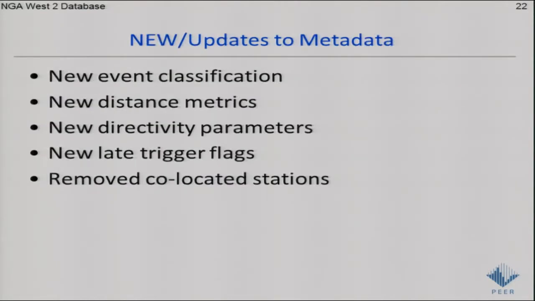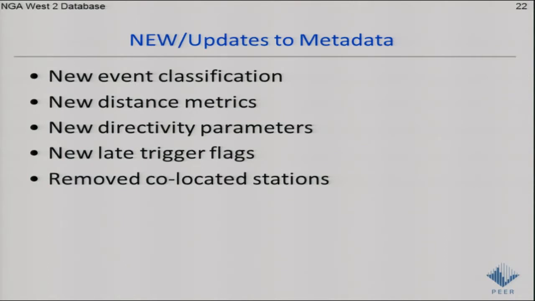In addition to improving the quality of the information, and adding the information for additional stations that we put into the database, we wanted to include additional metadata that was not provided in the NGA West 1 project. This is just a quick list of that.